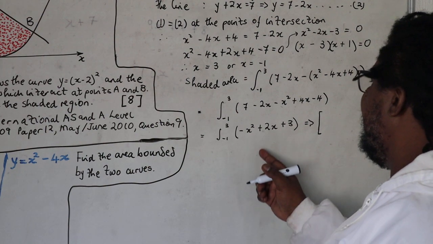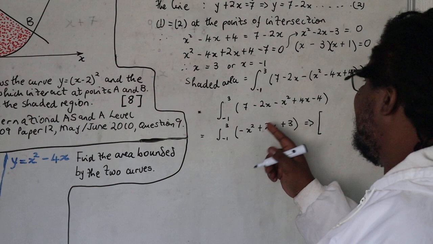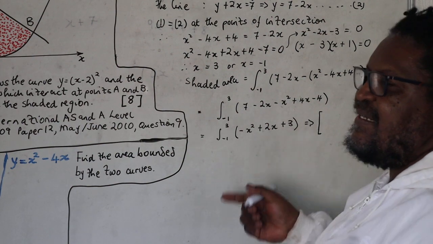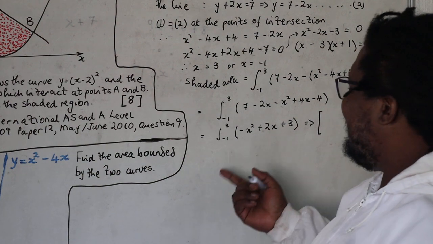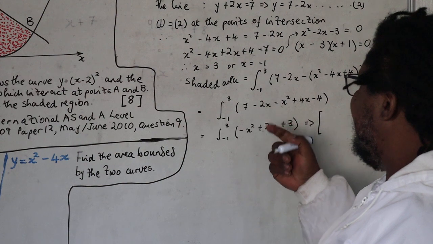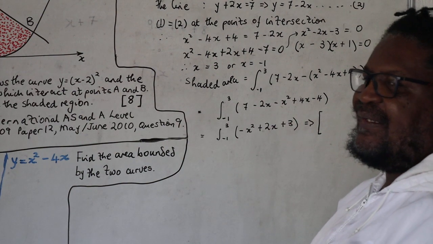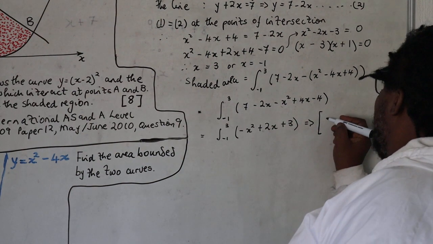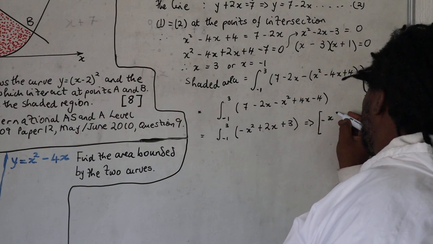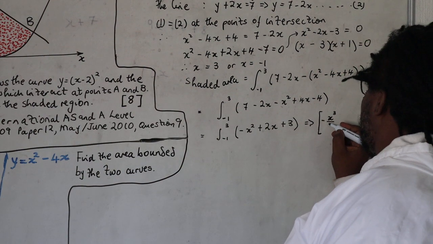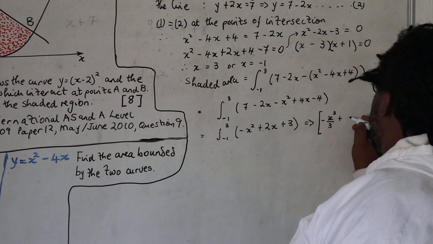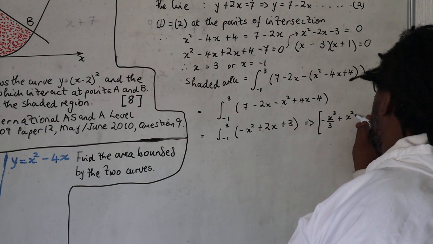In differentiating, we multiply by the power and reduce the power by 1, in integration we add 1 to the power, divide by the sum, and then we increase the power by 1. So here we have minus x to the power 3 over 3 plus x to the power 2.